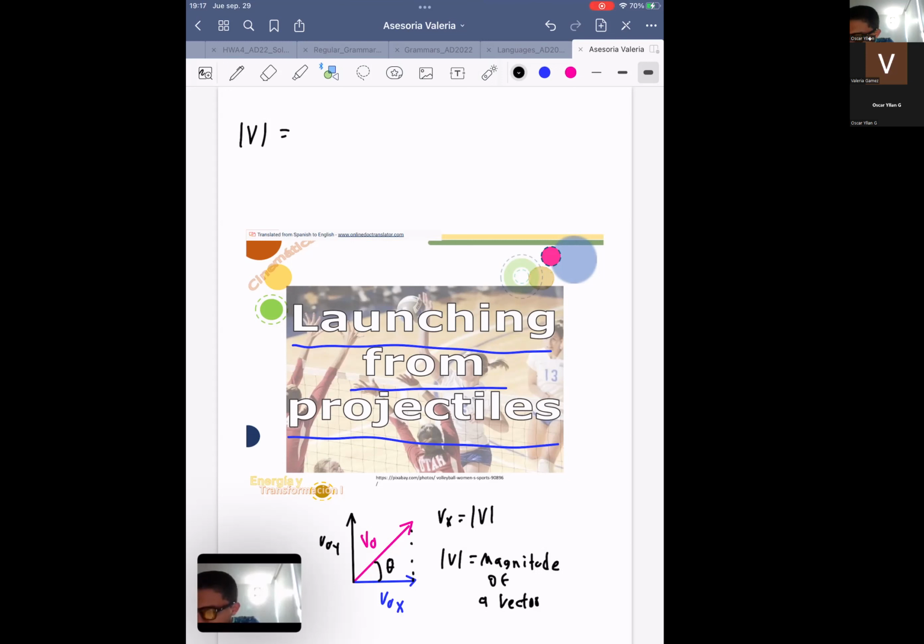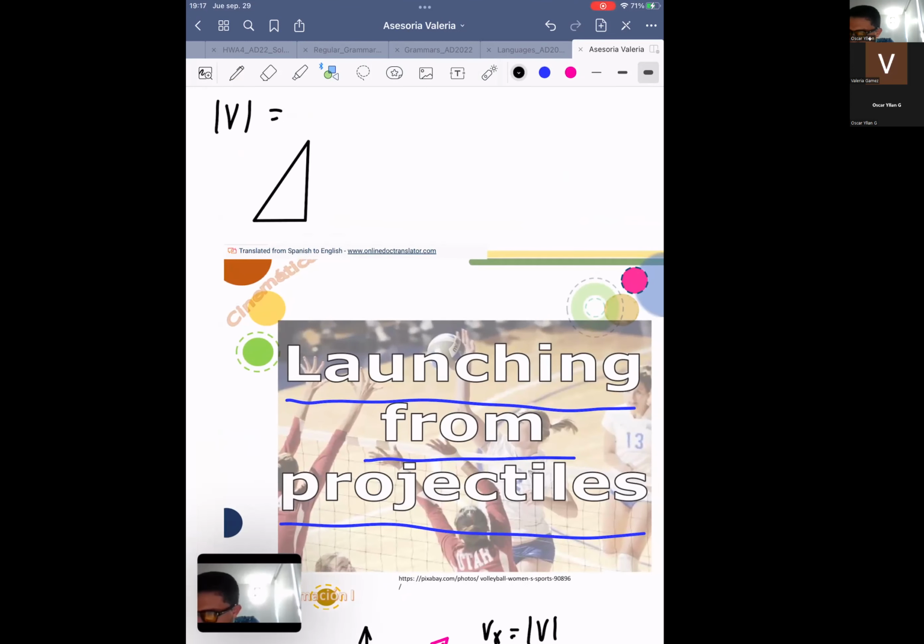If you remember from Pythagoras, from geometry, this one is our C, that is our hypotenuse. This is our A, that is the adjacent side to this angle. And B is our opposite side.